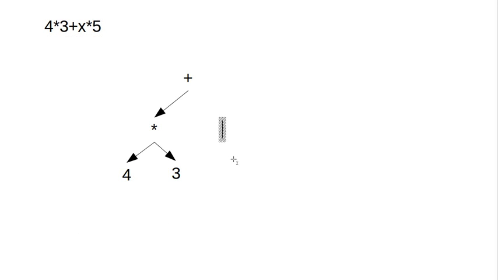And so we have a times over here, and then an x and a 5. We can move these around to match up roughly with what we have on the other side, and then make our connections.